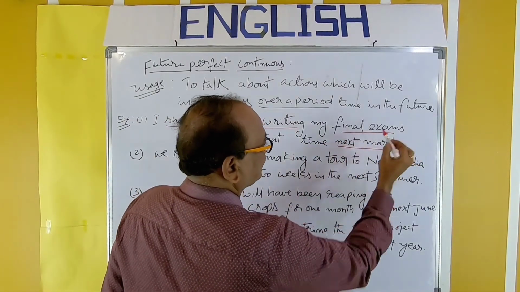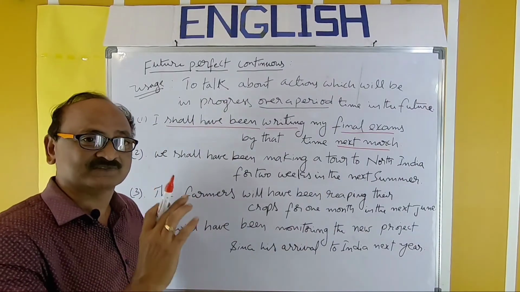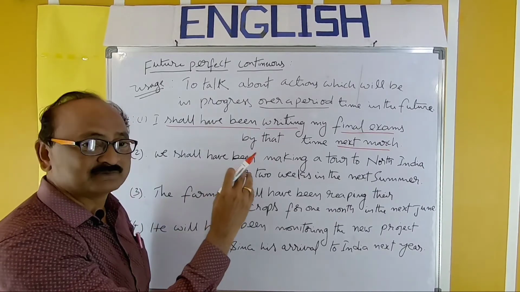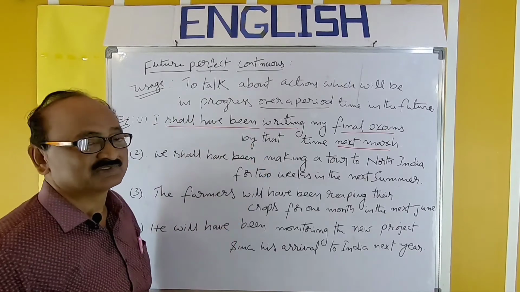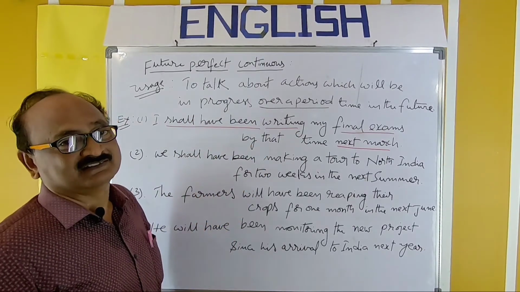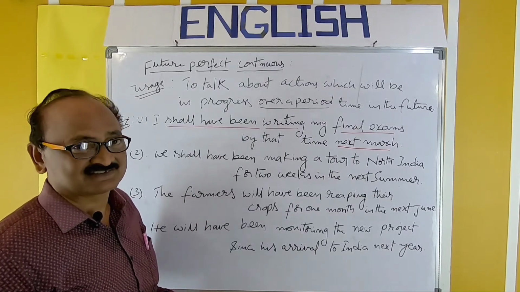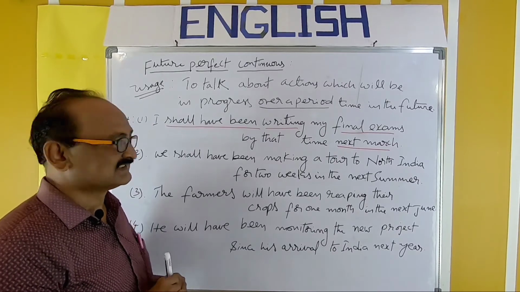Exams are usually written over a period of time, maybe 1 week, 10 days, 15 days, something like that. So it is understood there. That action will be in progress over a period of time. So in this context only, you can use this tense.